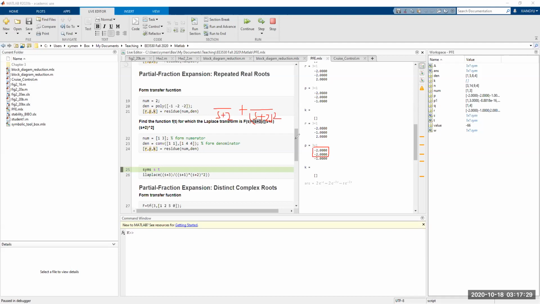This is a different part from the real roots, but distinct. So the coefficients are -2 and -1. Then for s plus 1, the coefficient is 2.